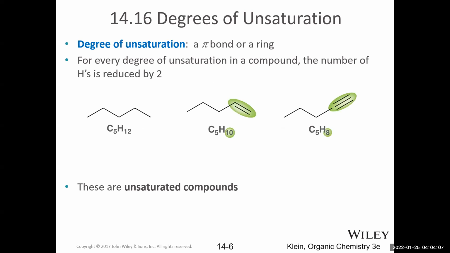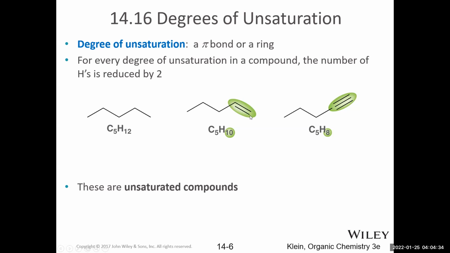Let's look at some examples of unsaturated compounds. An unsaturated compound will correspond to a pi bond or a ring. Let's look at some formulas here. We have C5H12. You'll notice that this saturated hydrocarbon has 2 more than 2 times the number of carbons in terms of its number of hydrogen atoms.